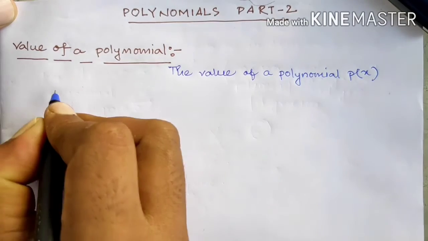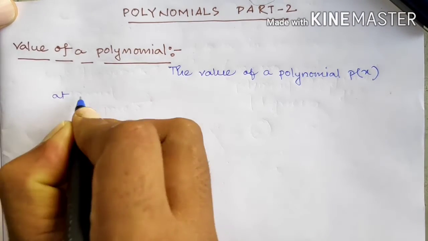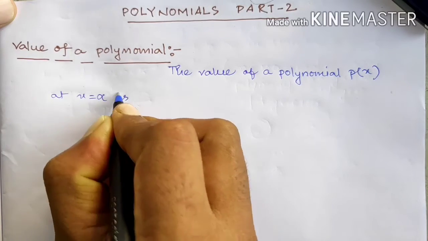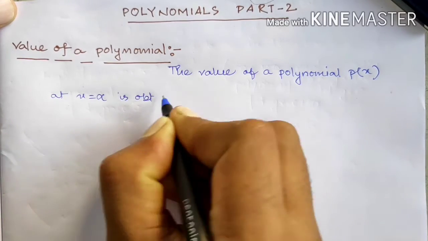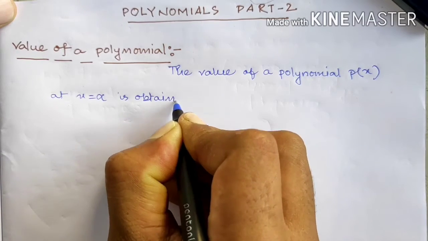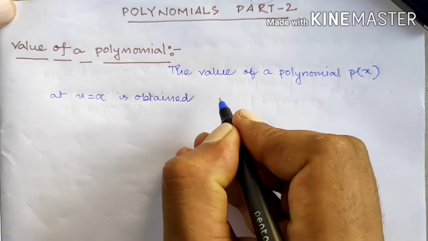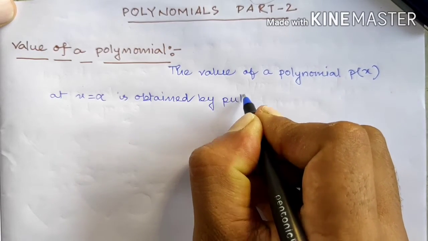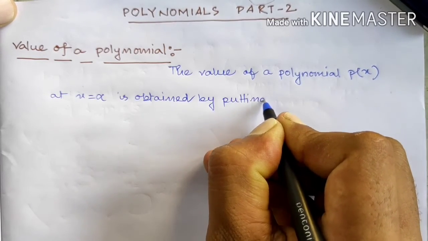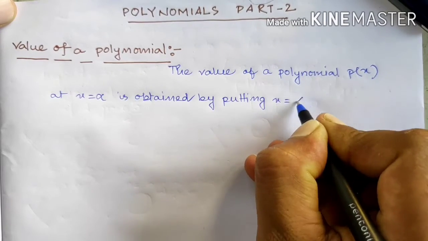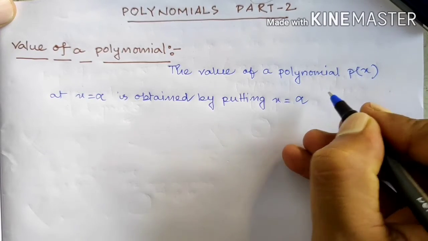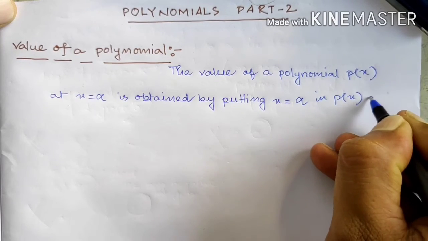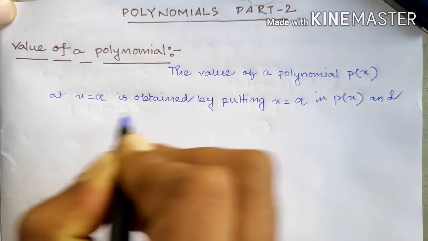The value of a polynomial p of x at x equal to alpha is obtained by putting x equal to alpha in p of x, and it is denoted by p of alpha. That means for getting the value of a polynomial you have to put just the value of alpha instead of the variable x or y, and you will get the value of the polynomial.